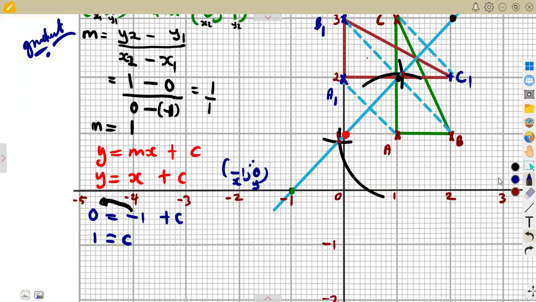So if c is equal to 1, our equation is going to be y is equal to x plus c, but our c is 1. So therefore, y is equal to x plus 1.